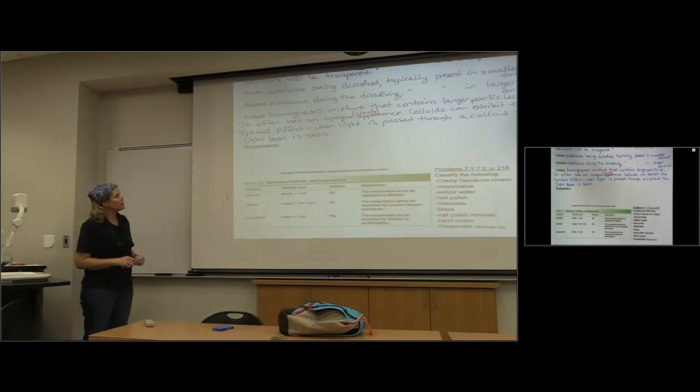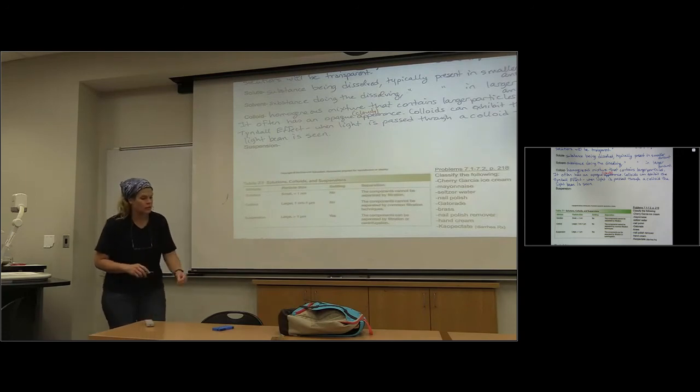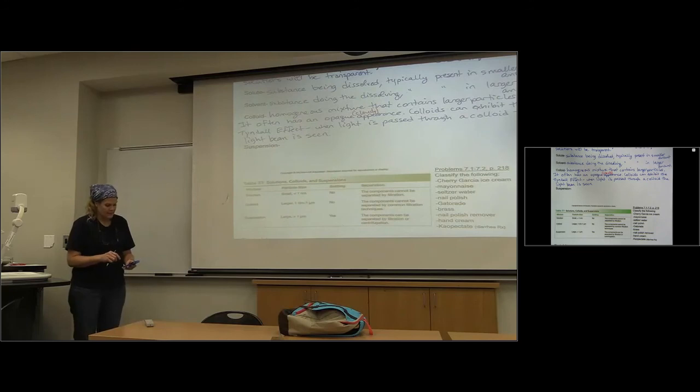So a colloid is a homogeneous mixture that contains larger particles. It often has an opaque or cloudy appearance. Colloids can exhibit the Tyndall effect, and that is when light is passed through a colloid, the light beam is seen.